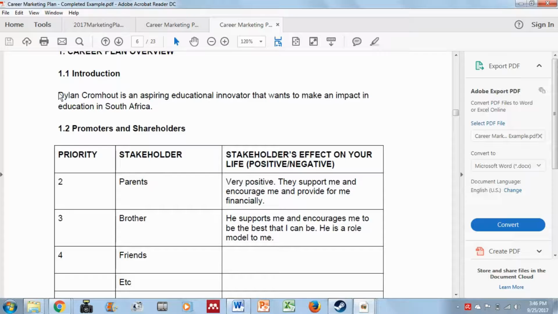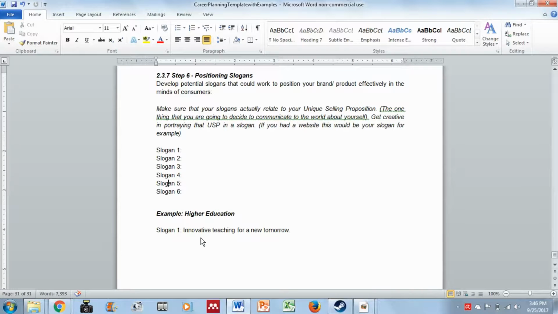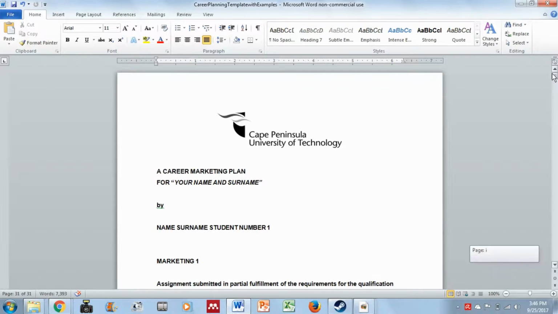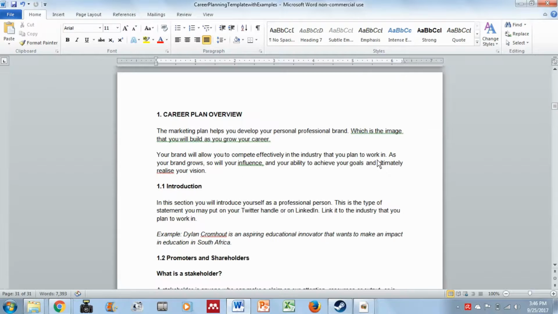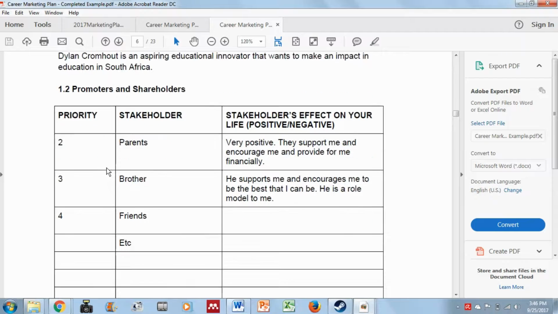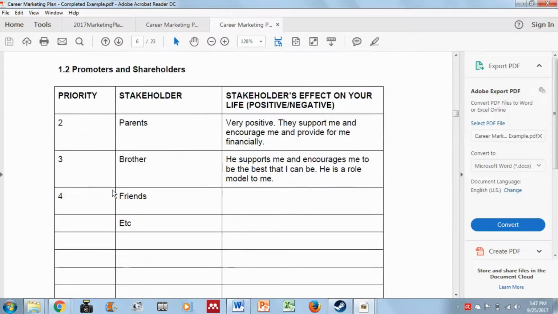So there we go. You can see, if I look at the introduction section here, you can see that I've removed all of that. I've removed the example, right? And I've just got what it says. So yours must be the same. Stakeholders, okay?